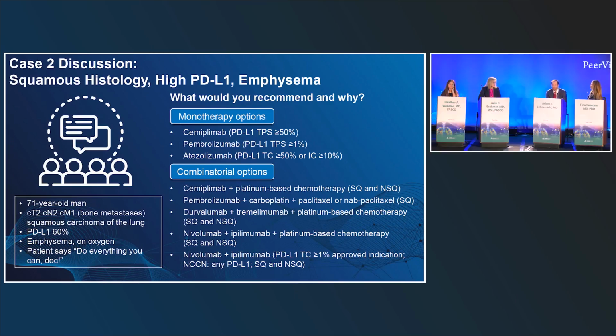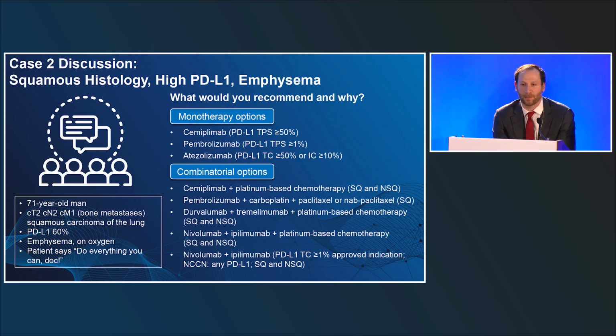That's always tricky to navigate when patients come and say, do everything you can do. But one thing to keep in mind is that in this patient, who has a more limited functional status, if we give chemotherapy up front, we may limit his ability to get immunotherapy if he develops some toxicity and has to be hospitalized. And so that may limit the do everything I can do for him in the long run.